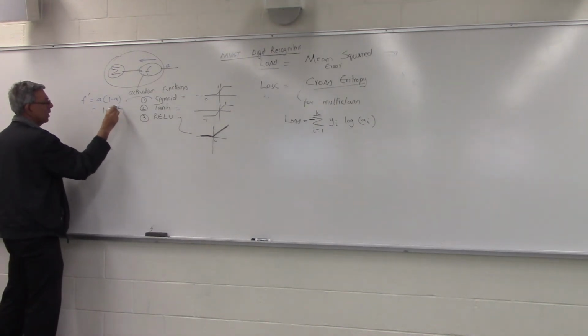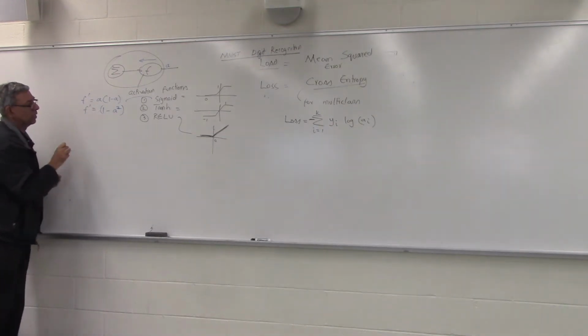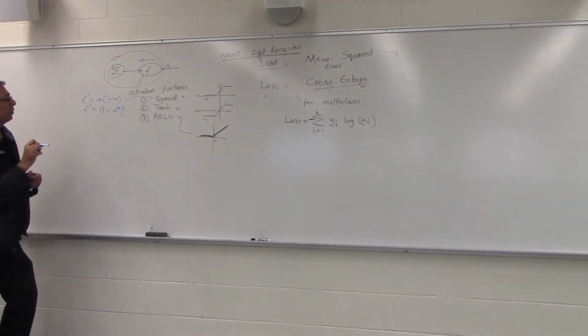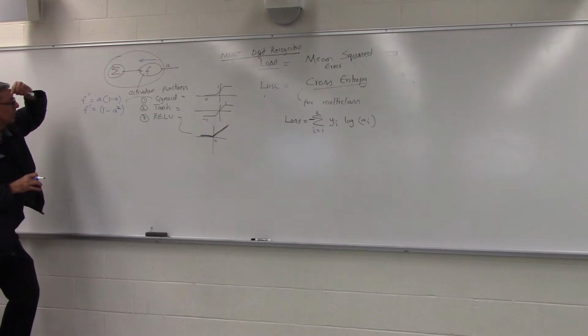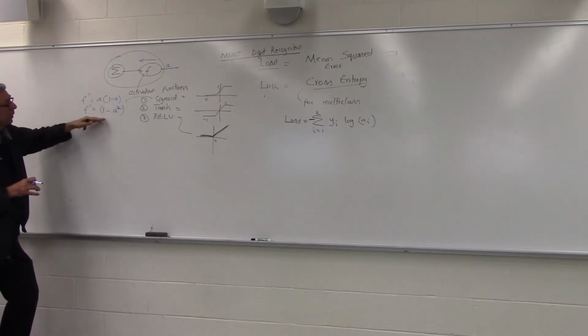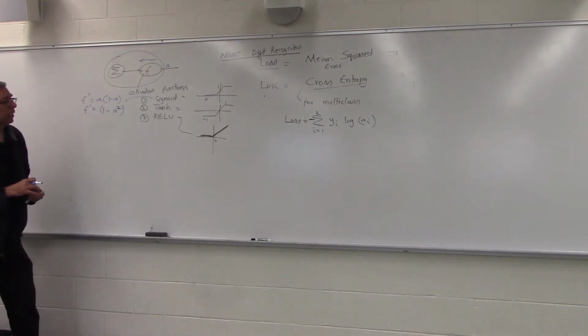It's 1 minus a squared, if I remember correctly. Okay. Or was it minus a square? Anyway, we can double check that. It was 1 minus a square. But anyway. Okay, for the rectified linear unit, it's pretty easy.